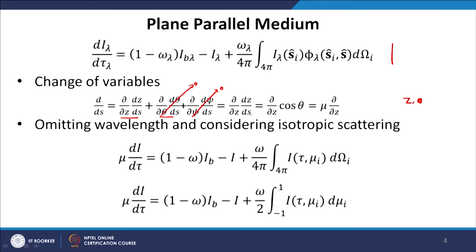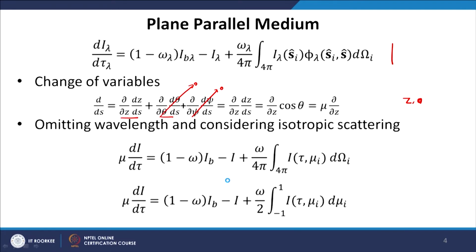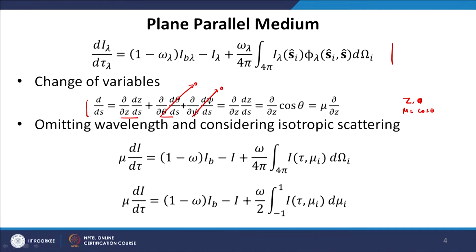From this figure you can see this is dz, this is ds and this is theta, so dz by ds is simply cos theta. Just for notation purpose, we have introduced a variable mu, which is equal to cos theta. Now, our d by ds has become equal to mu times d by dz, because the other partial derivatives are not there. So, we have changed the variables.